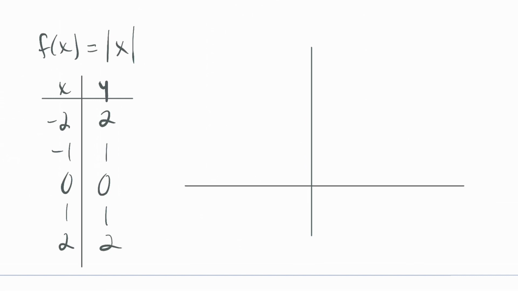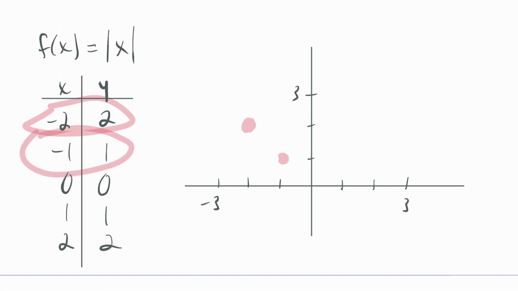Okay, so I'll mark out 1, 2, 3. I don't need a whole lot of markings, none of my numbers are very big. 1, 2, 3. So when I go to mark this point out, -2, 2, well, that's like right here. -1, 1 is like right here. 0, 0 is like right here. 1, 1 is here.